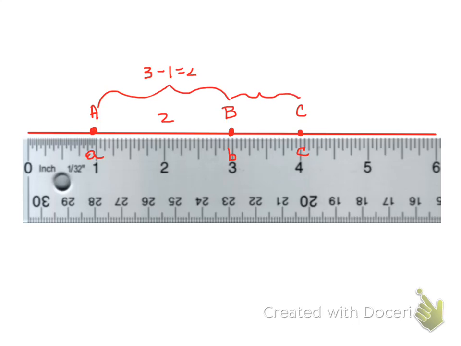If I do these two, I would do 4 minus 3, and knowing then the distance there is 1. Basically, you're just looking at what is the difference between the coordinates. In this case, it's a distance difference between B and A. In this one, it's C and B. And you'd want to make sure you subtracted the smaller one from the bigger one.